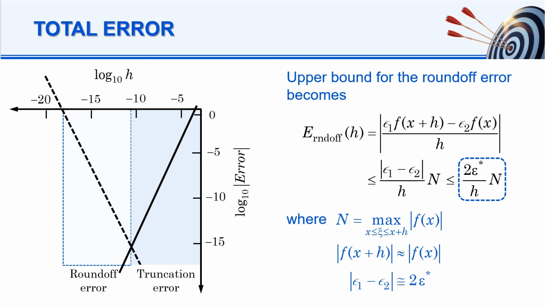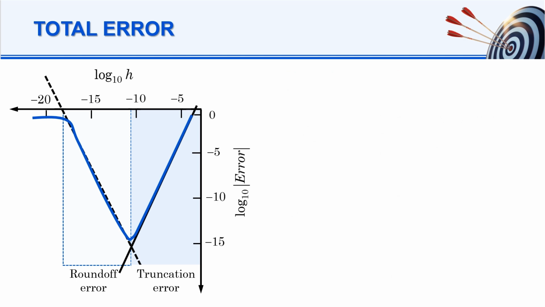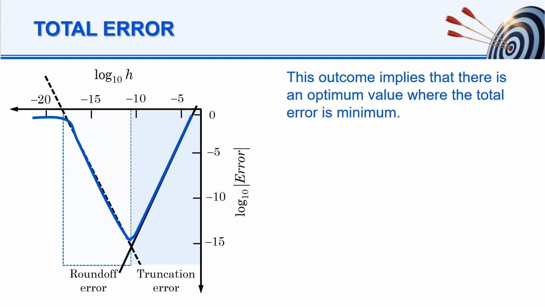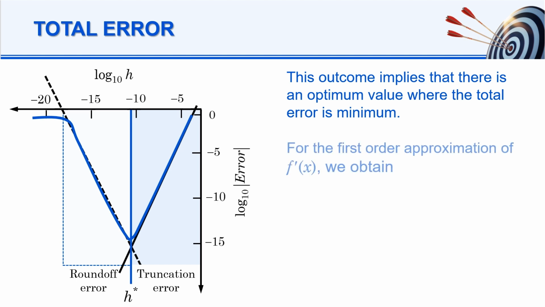The total error decreases for decreasing h, but starts to increase as the round-off errors begin to dominate the computation. This outcome implies that there is an optimum value for h, where the total error is minimum, and we cannot reduce h to improve the difference approximation.